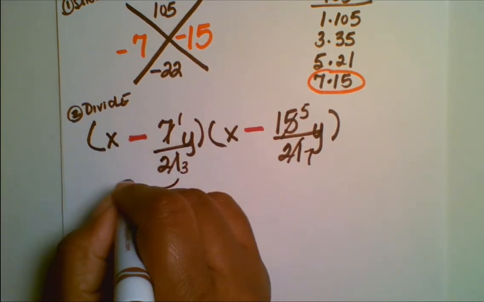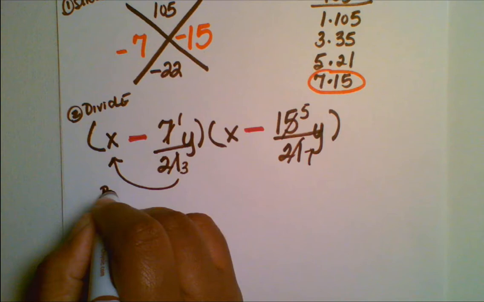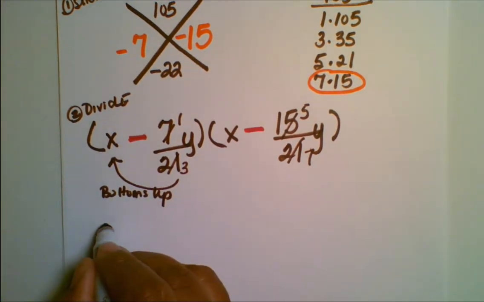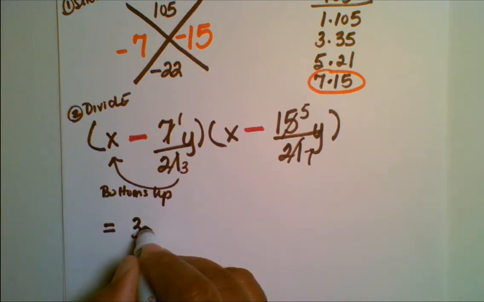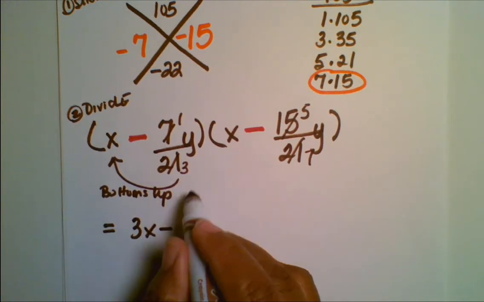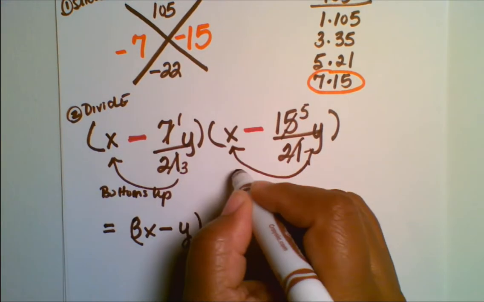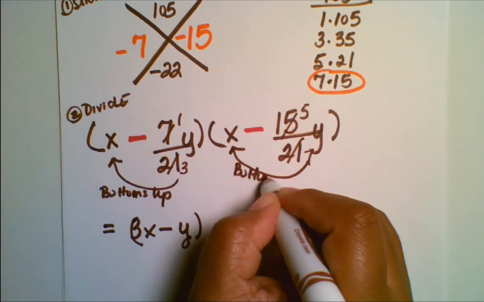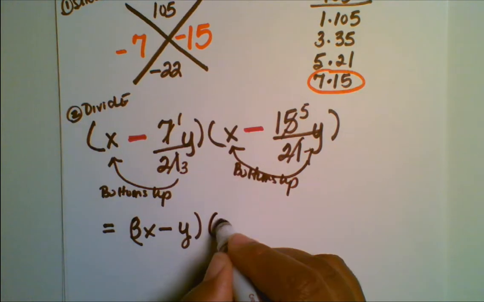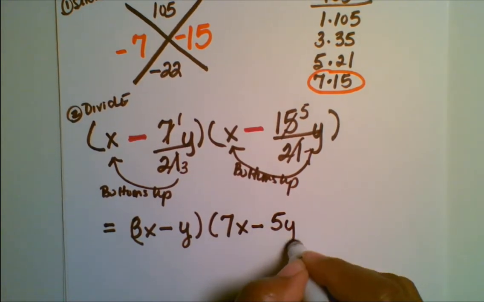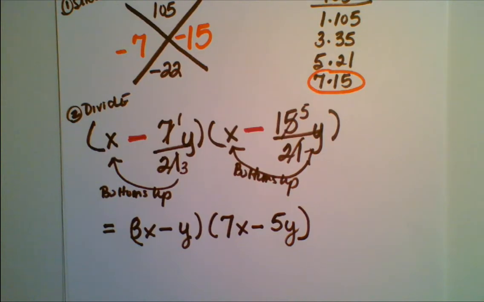And then bottoms up. So you're saying, here's your answer. 3x minus 1y, or we would just say y, times, here we have bottoms up, 7x minus 5y. And that is our answer.